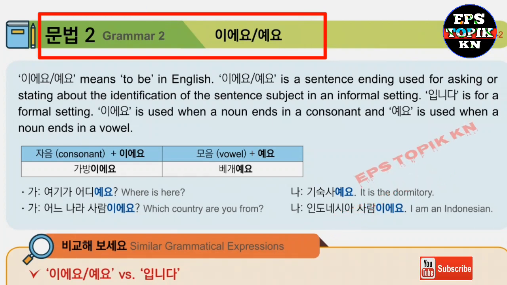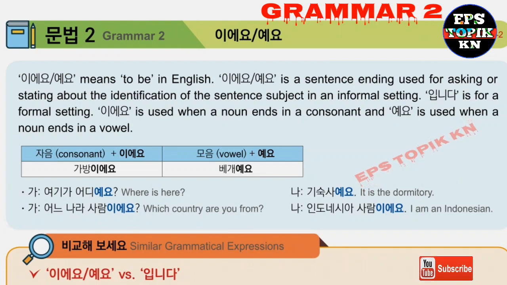We can use 입니다 and 입니까 in a formal situation, but this is what we use when we're speaking with our friends or people we know. And you can use this with any subject, like I, she, he, we, or they. You can use it to make most sentences that have the be verb in English.